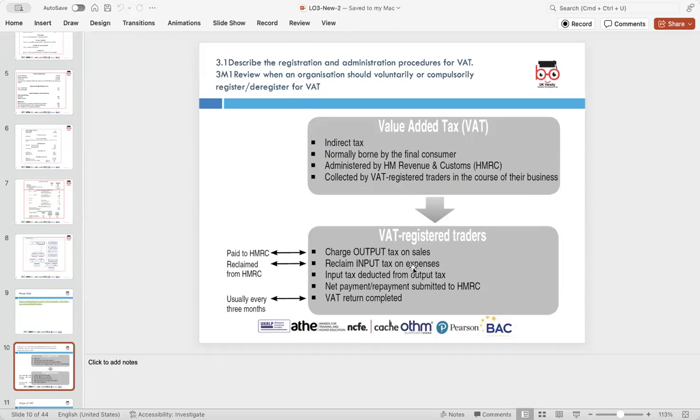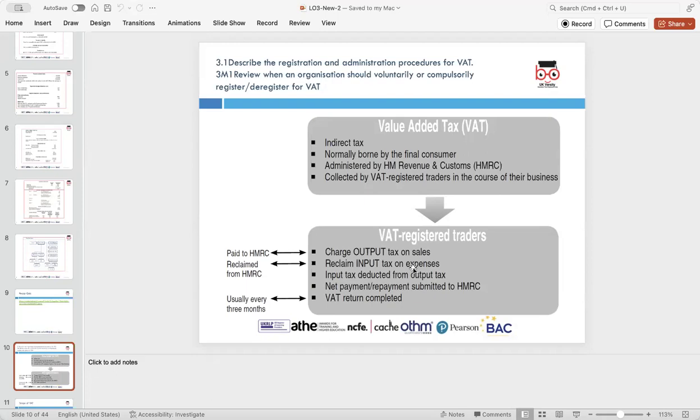The collection of VAT is primarily the responsibility of businesses that are registered for VAT. They collect VAT on behalf of the government, and VAT registered businesses have certain obligations and benefits.